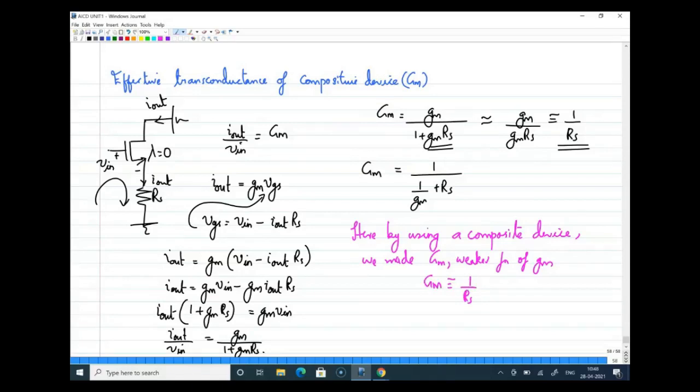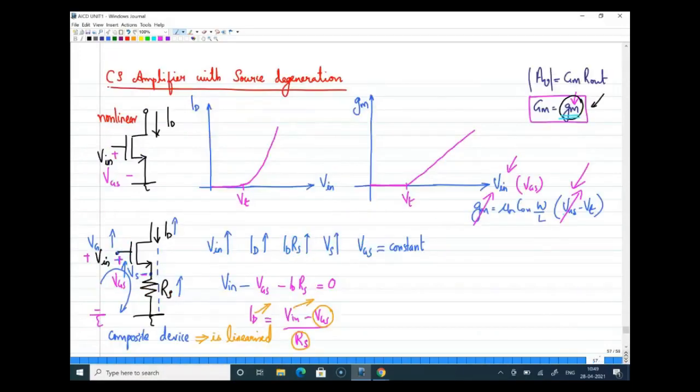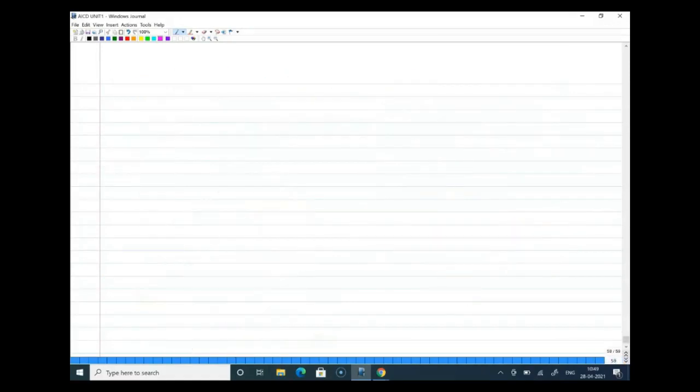Maybe I'll conclude like this. Previously, when we drew the relationship between gm and VGS, you saw that the variation is like this. In a CS device, when we drew the variation of V in and capital Gm, it was something like this.